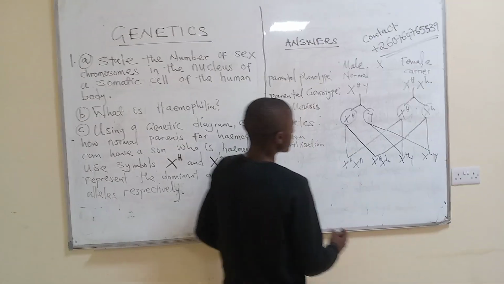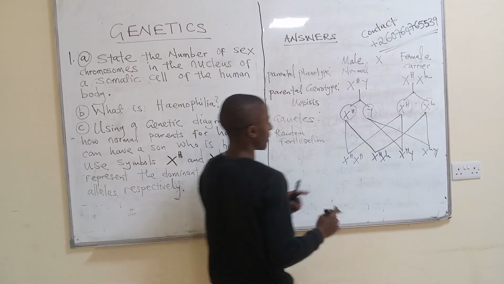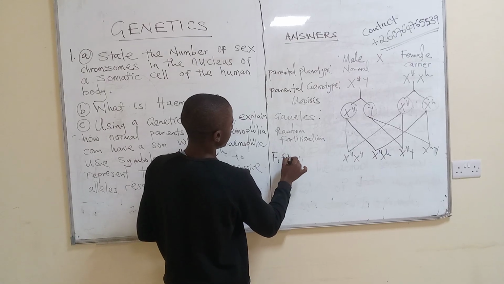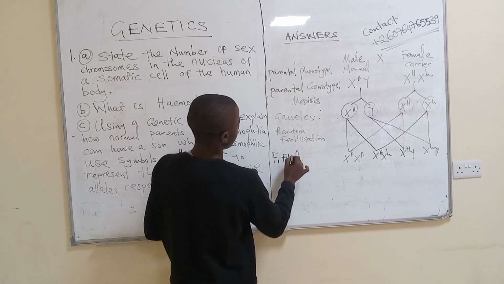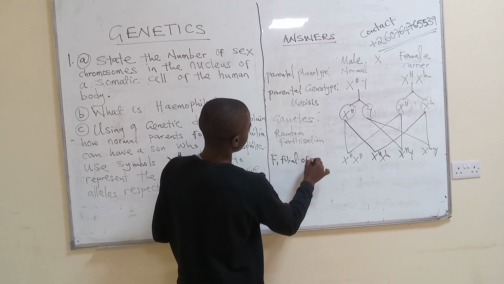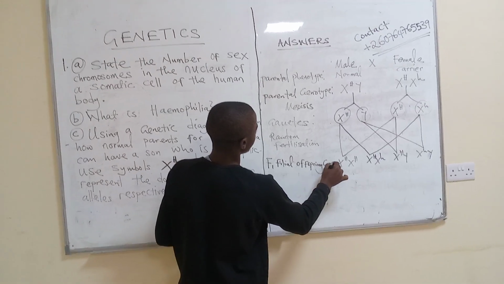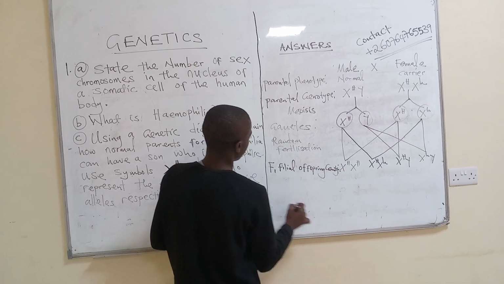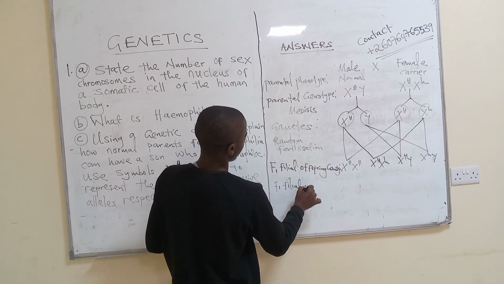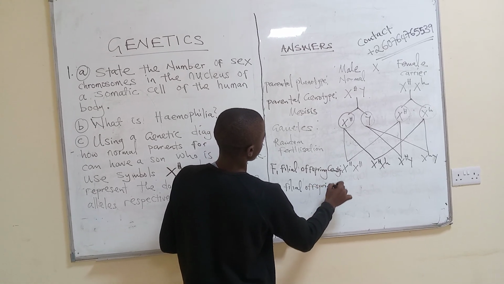So this is the last son who was hemophilic, who was sick. These offspring that are produced after crossing the parental genotypes are called first filial offspring. These are genotypes. So the first filial offspring genotype, then the first filial offspring phenotype.